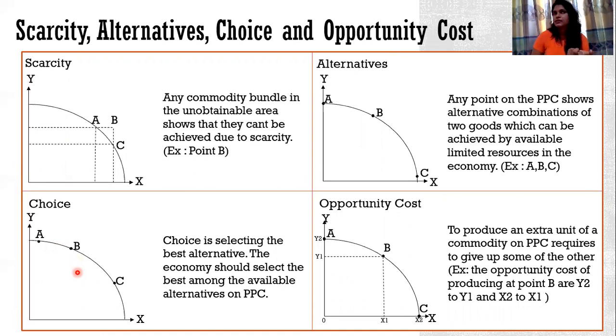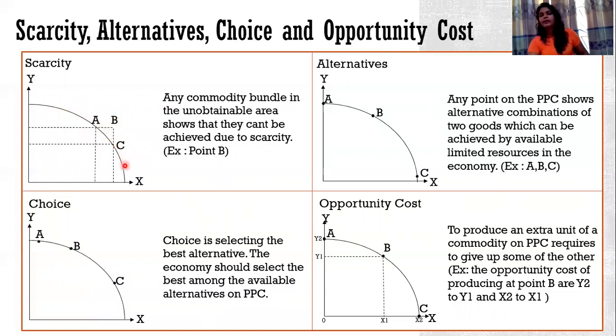Then here come another four concepts: scarcity, alternatives, choice, and opportunity cost. Scarcity. What is scarcity? Scarcity is that there are unlimited human wants and limited resources. When you try to satisfy unlimited human wants with limited resources, that is where scarcity arises. Any point outside the PPC will show scarcity. This is the maximum possible production that the economy can have.